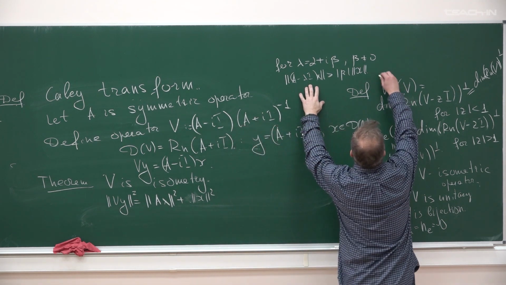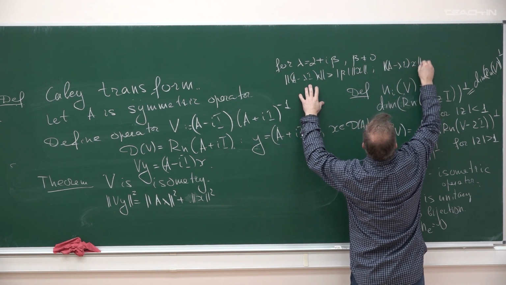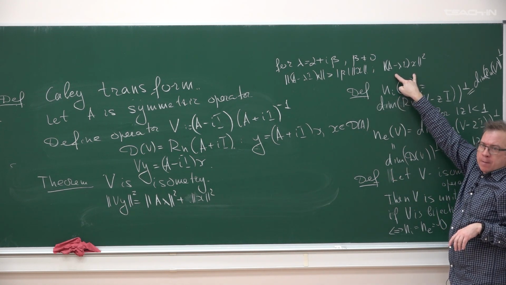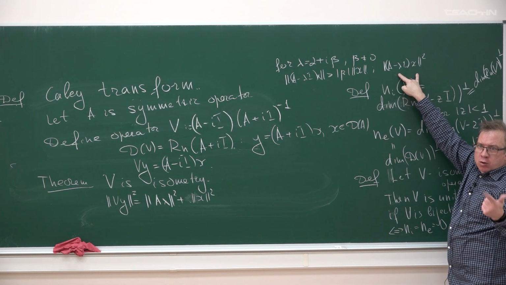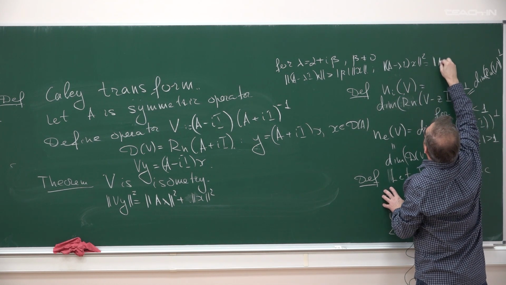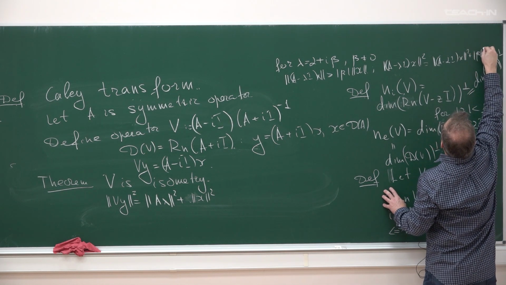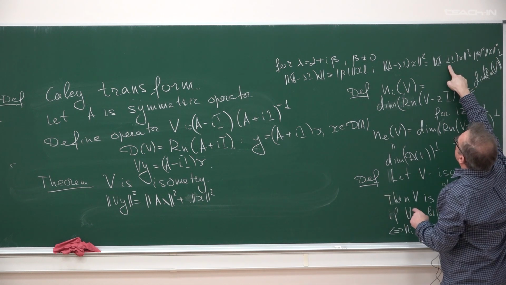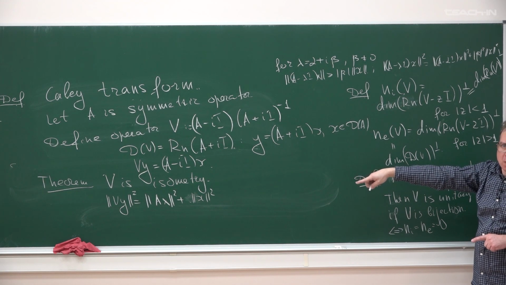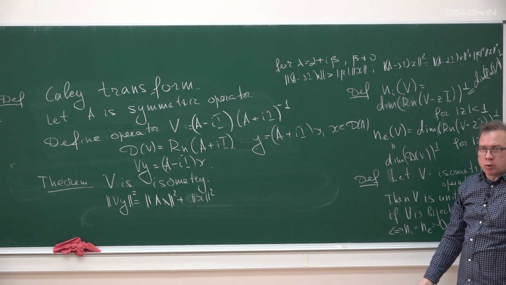The main idea of proving this: we write the square of the norm. The square of the norm is the inner product of the vector with itself. Yes? And then we take away all brackets, and this equals the norm of (A minus alpha I)x squared plus beta squared times the norm of x squared. But here we take alpha equals 0 for simplicity, so this is the norm of Ax squared plus the norm of x squared, with beta equals 1.